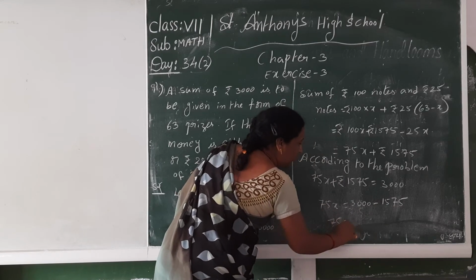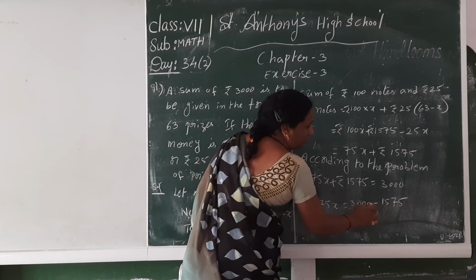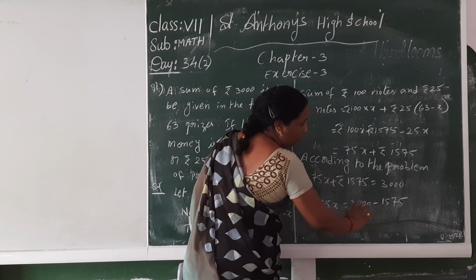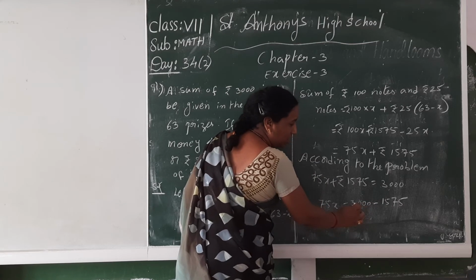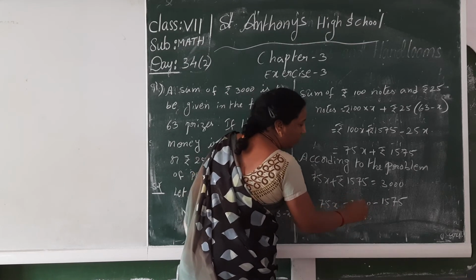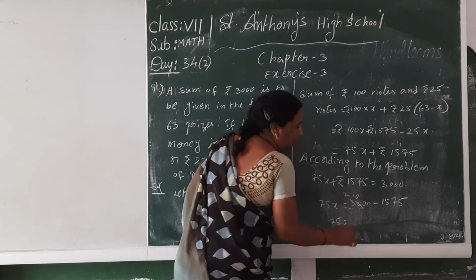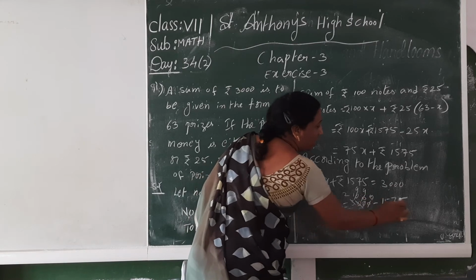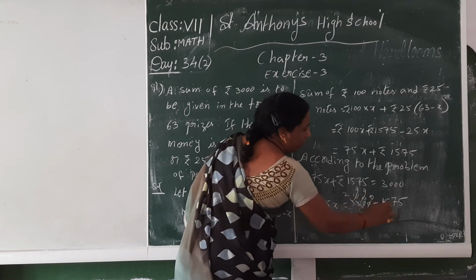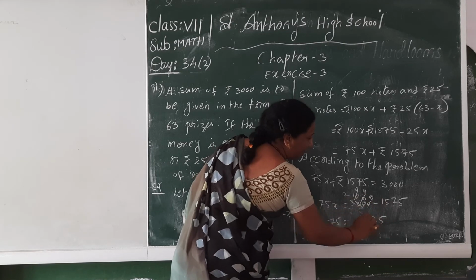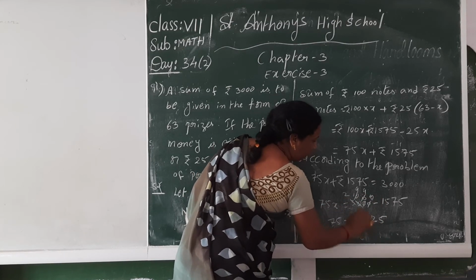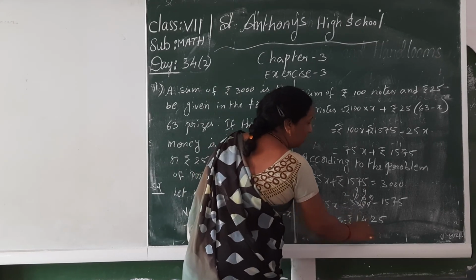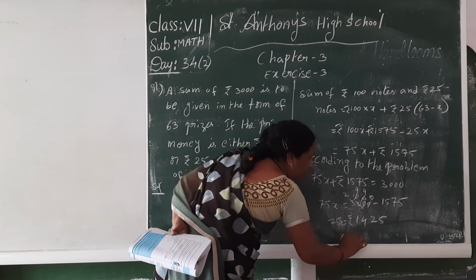Here 0 is there, 0 can't subtract 5, then you have to take borrow. Now 10 minus 5 is 5, 9 minus 7 is 2, 9 minus 5 is 4, 2 minus 1 is 1. Now 75x is equal to 1425.